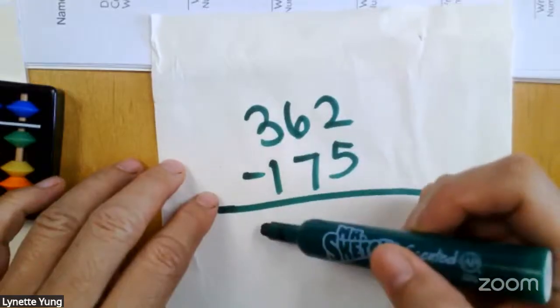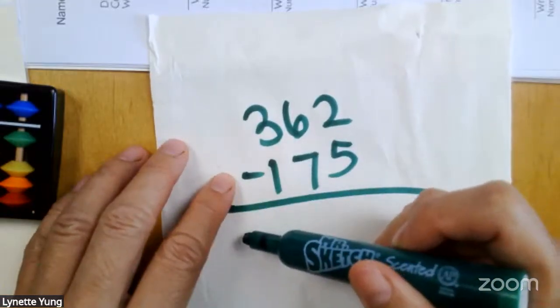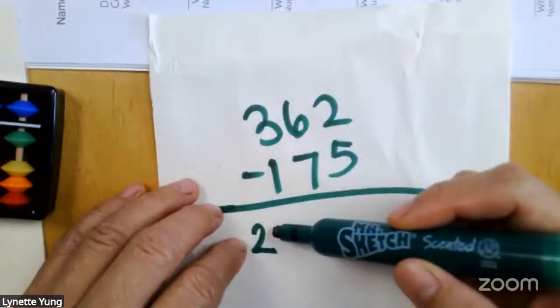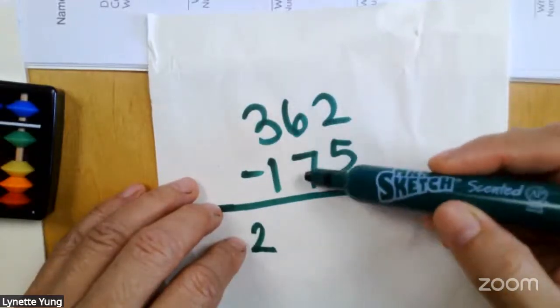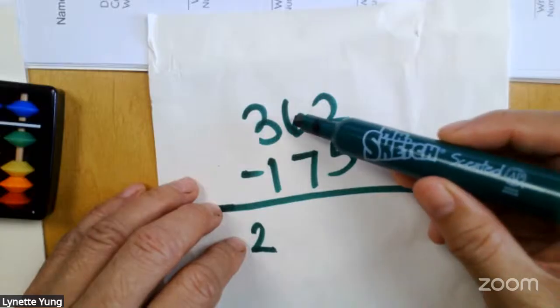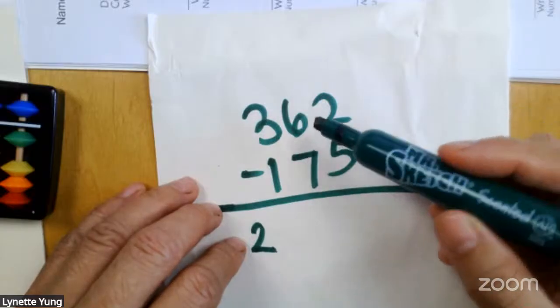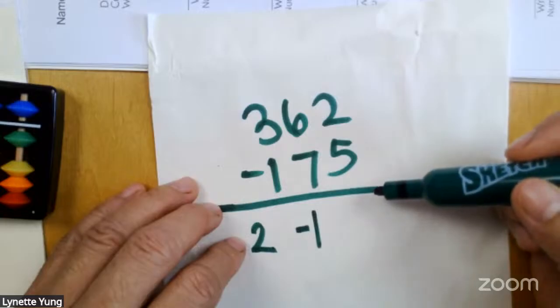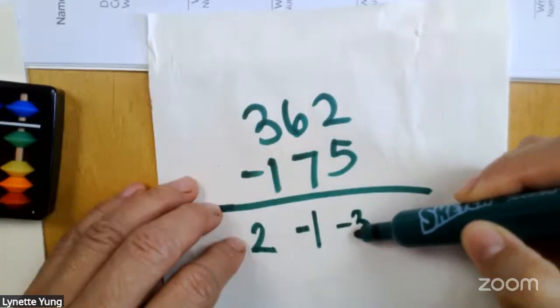So 3 minus 1 is equal to 2. Not a problem, right? This actually becomes 200. Then they started doing this: 6 minus 7 is minus 1. And then they do another one here: 2 minus 5 is equal to minus 3.